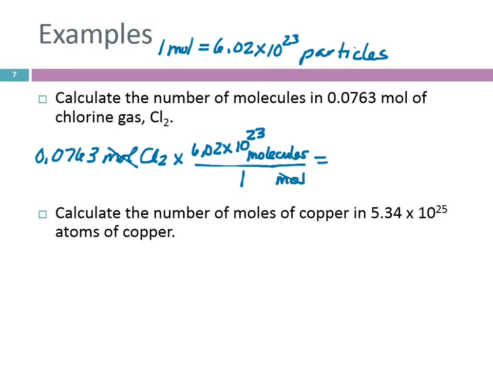So I'll just call it EE because that's what mine is. 6.02 EE 23, and then we get an answer. Using significant figures, both of these numbers have 3 sig figs, and so I'm going to come up with 4.59 times 10 to the 22 molecules.